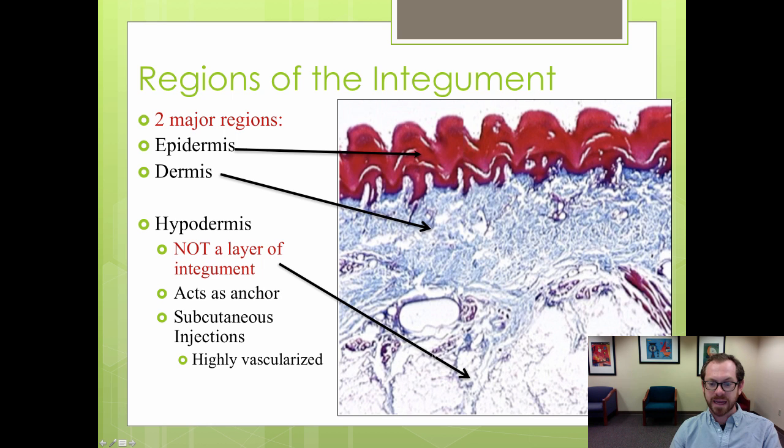This layer serves as an anchor point for the dermis, and this is a highly vascularized region, and this is where if there's any sort of subcutaneous injection, like some sort of drug or medication, doctors will inject that medication into this highly vascularized region.